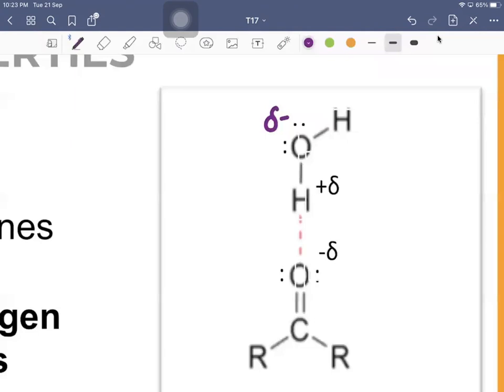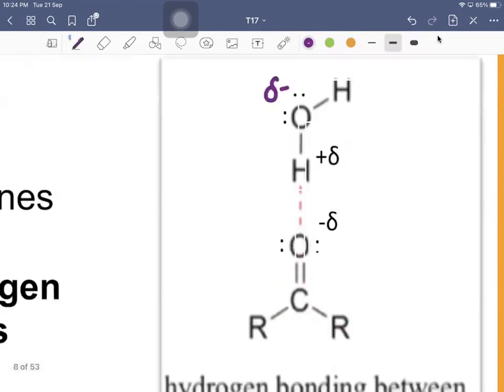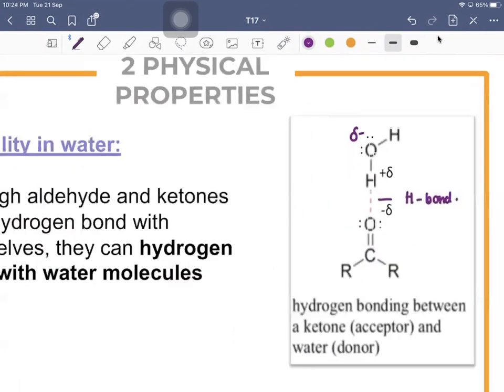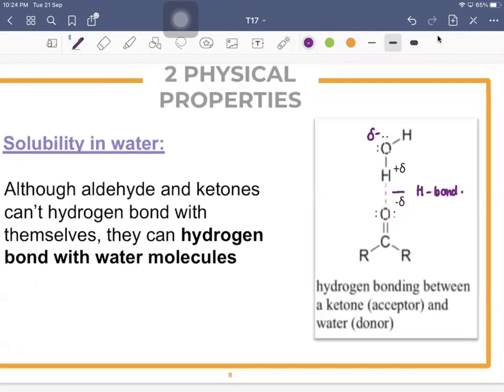So the slightly positive hydrogen from water will be attracted to, or will form a hydrogen bond with, the oxygen in your carbonyl compounds. So that's one example where hydrogen bonds can happen. That means if water can form hydrogen bonds with carbonyl compounds, it is soluble in water, but there's a catch.